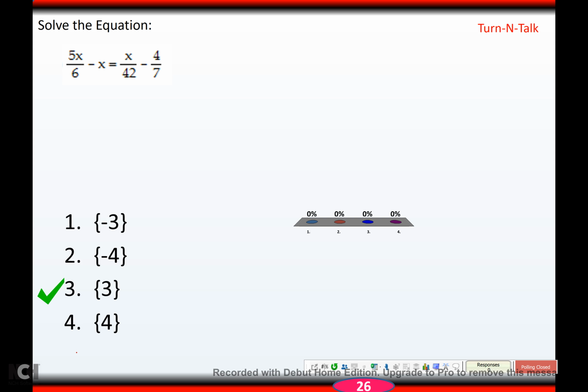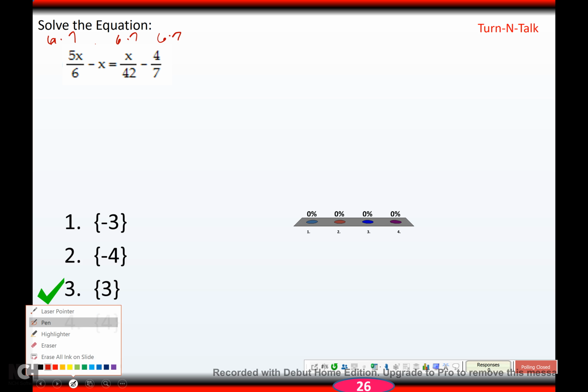42 should be enough to kill everything. So if I multiply everything by 42, or maybe do it this way: a 6 and a 7, a 6 and a 7, a 6 and a 7. And I don't need a 42 because 6 times 7 is 42. So on the first one, let's see how easy it is to make mistakes. Of course, I'm half asleep, so the 6's cancel. You get 7 times 5x less.